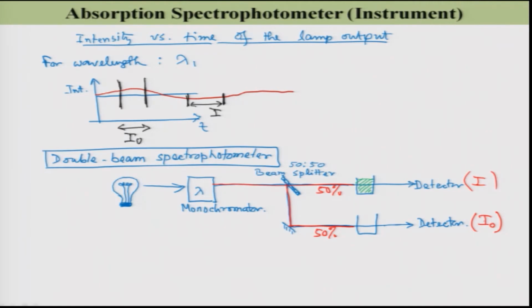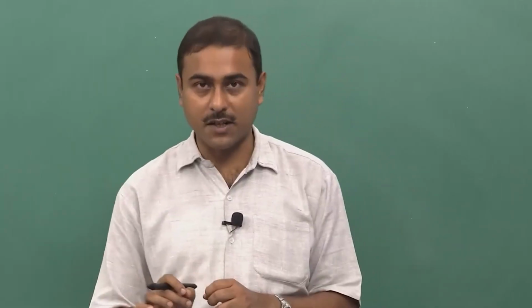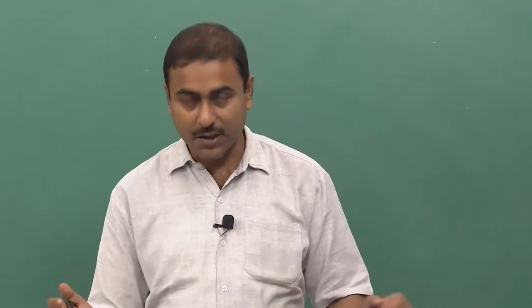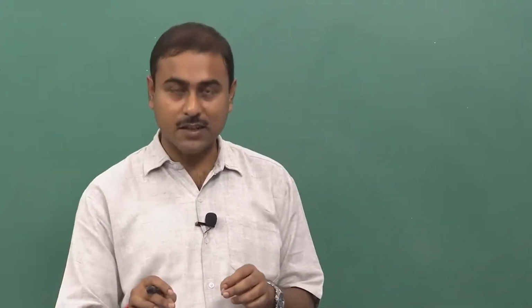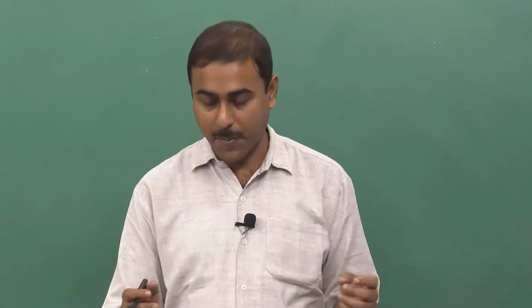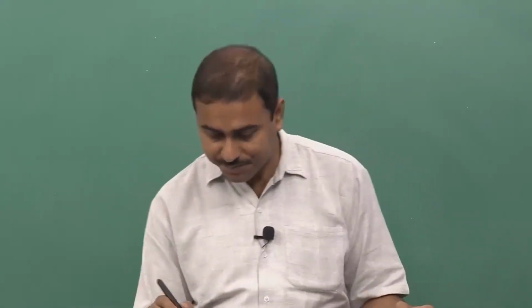That means this is the problem of the detector, and if time permits and if I find it required for this course, later on I will discuss a little bit about the detector function, but right now let me limit my discussion by saying that the two detector responses will be different, they cannot be the same in most cases.